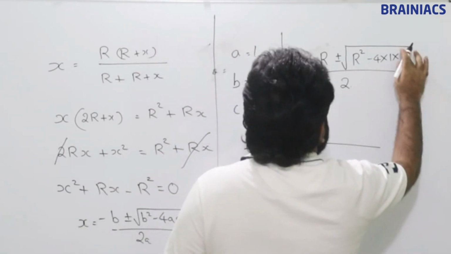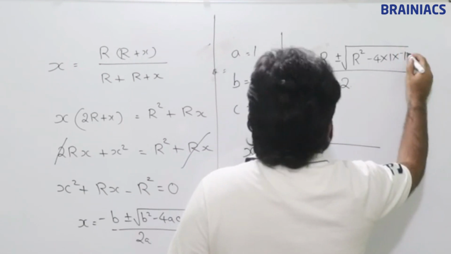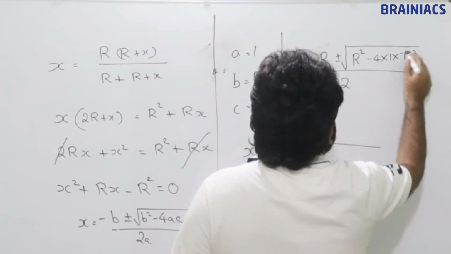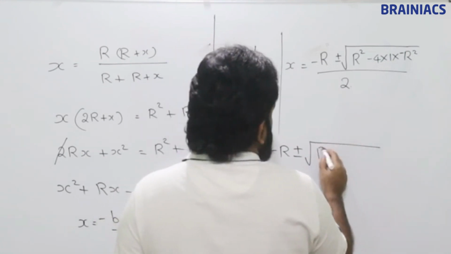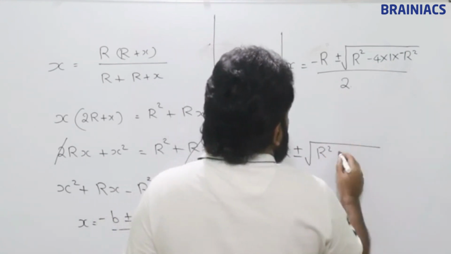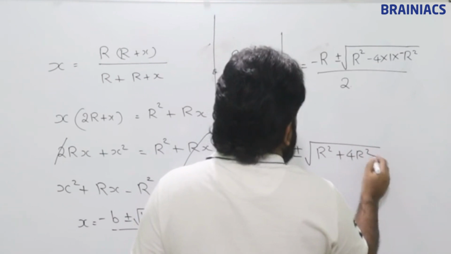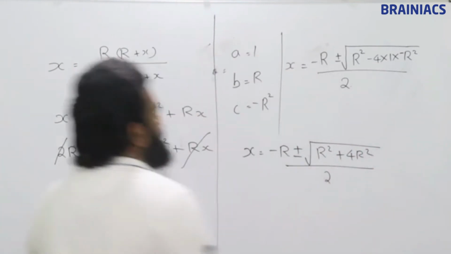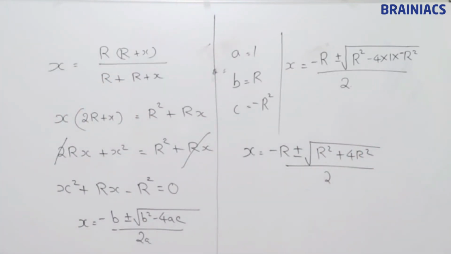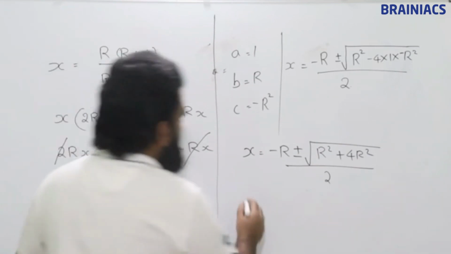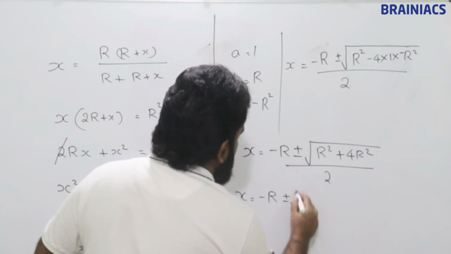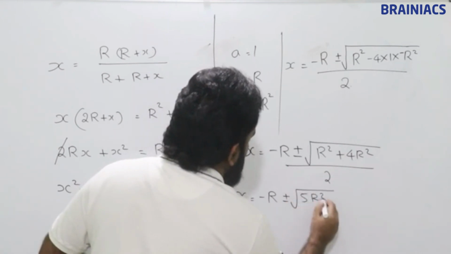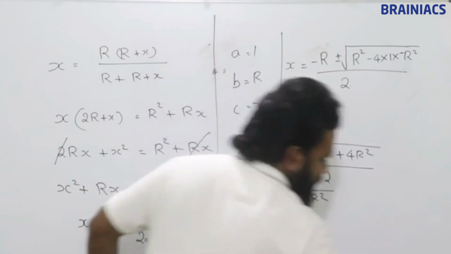So here minus R square will come. So R square plus 4R square, divided by 2. Clear? So X is equal to minus R plus or minus root of 5R square divided by 2.